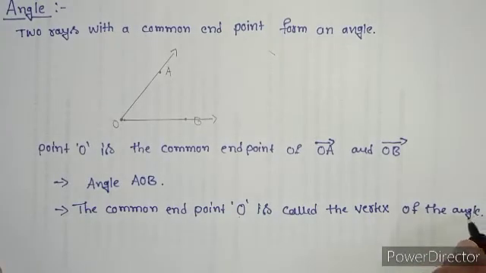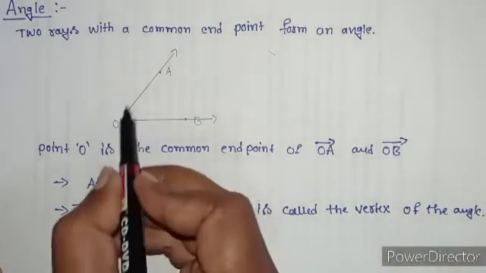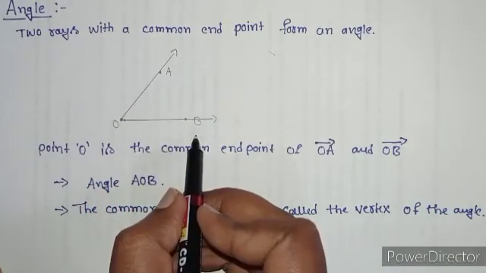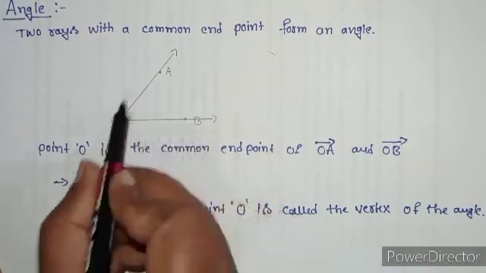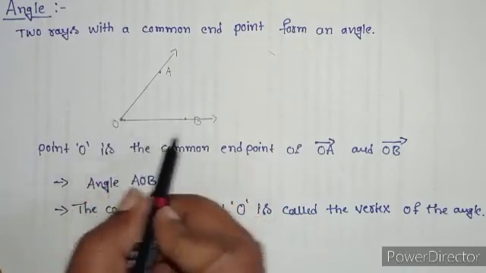The common endpoint O is called the vertex of the angle. And here OA and OB are the sides of the angle. OA and OB are two rays.